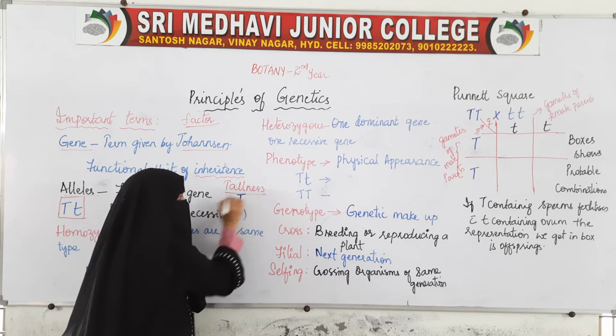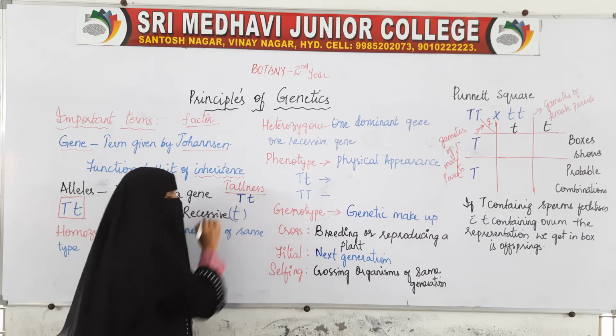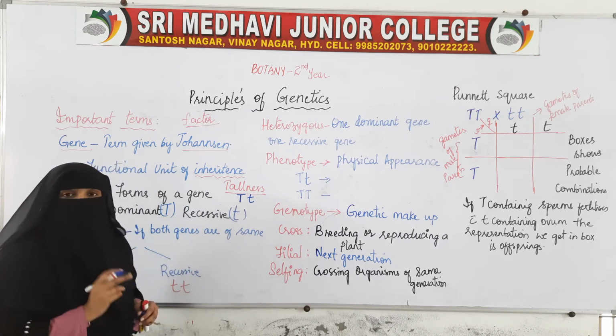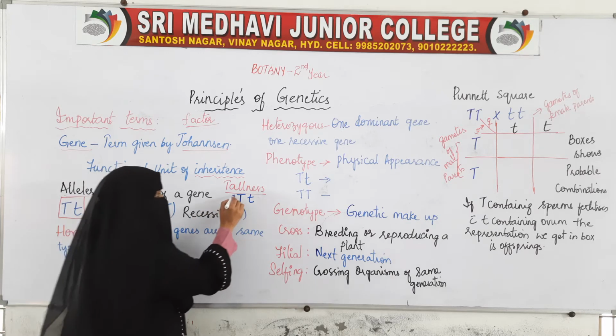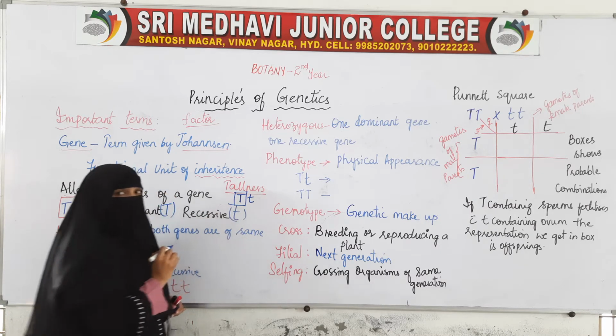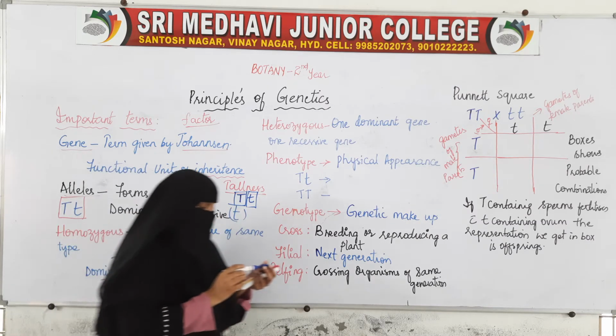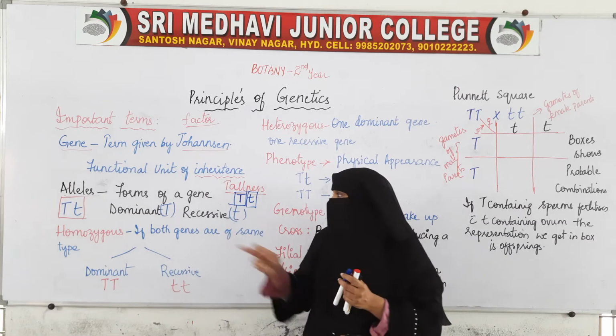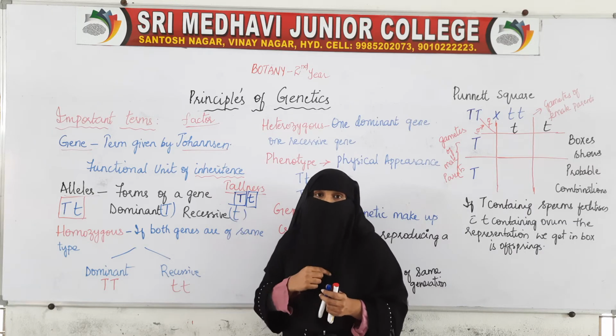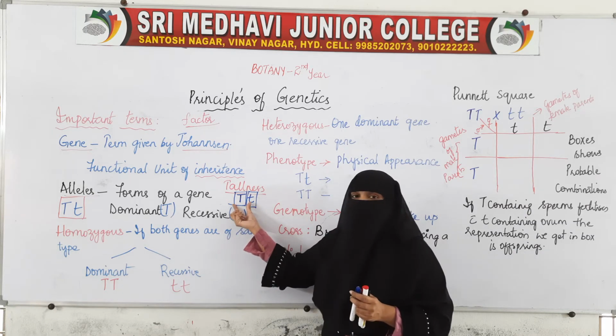One is this form and another is this form. Here this is the dominant form and this is the recessive form. Capital T is the dominant form and small t is the recessive form.